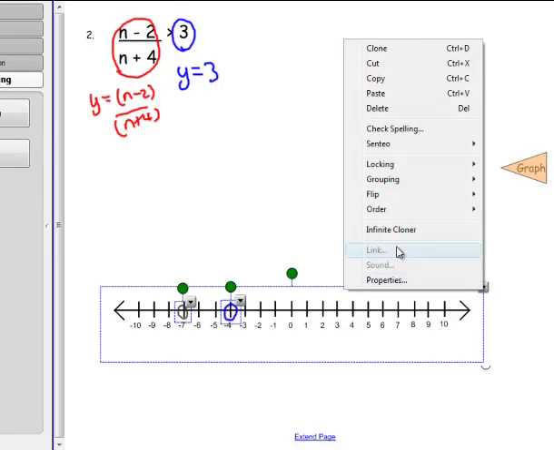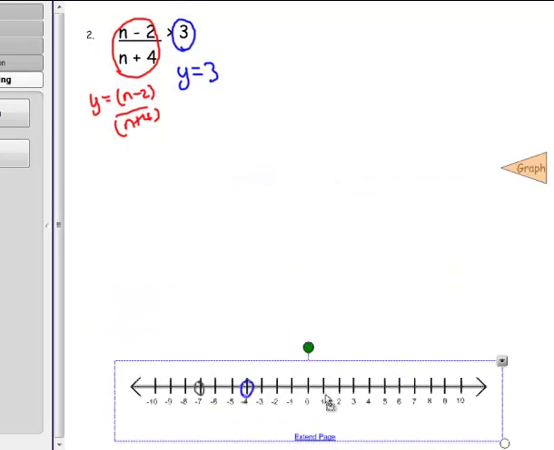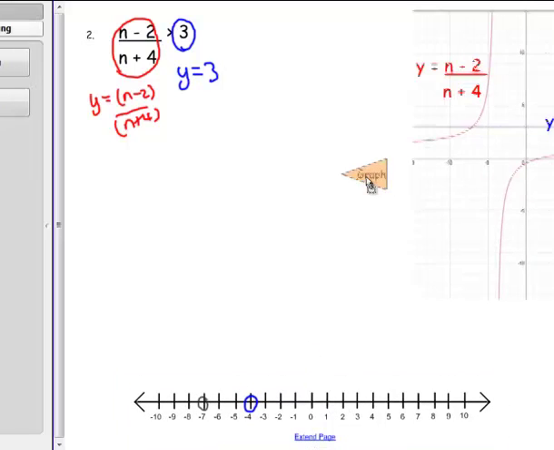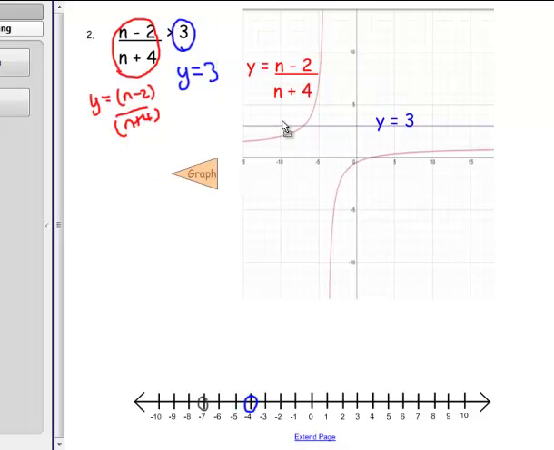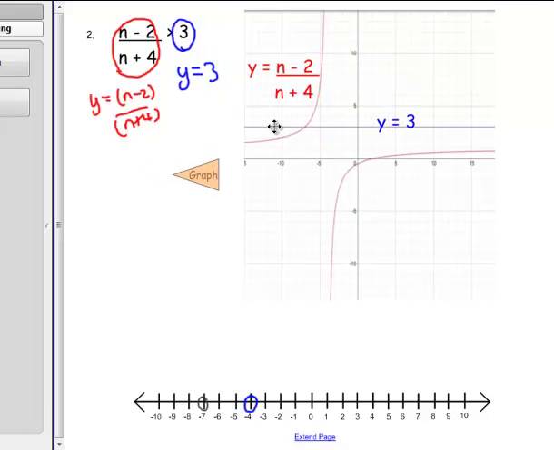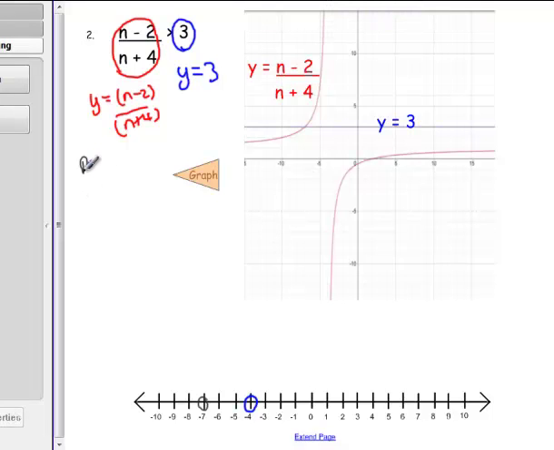Take all this stuff right here and group it together because I don't want to lose it. And here's my graph, and that's what my picture looks like. So this is asking me, where is the red graph greater than the blue graph?